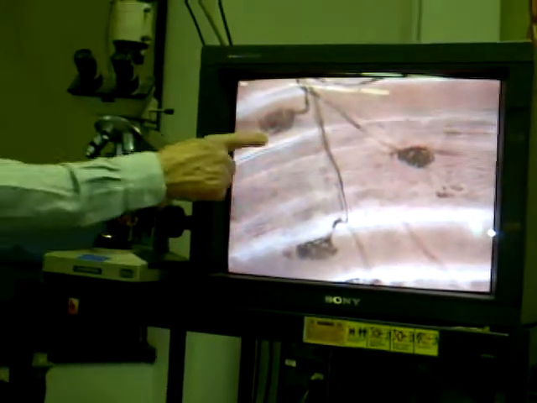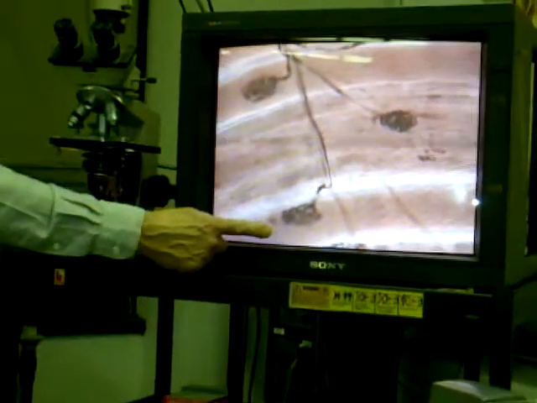If you look at it under higher power, the staining, see, these are motor end organs. 1, 2, 3 motor end organs.